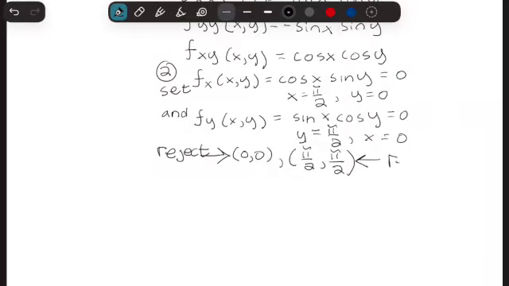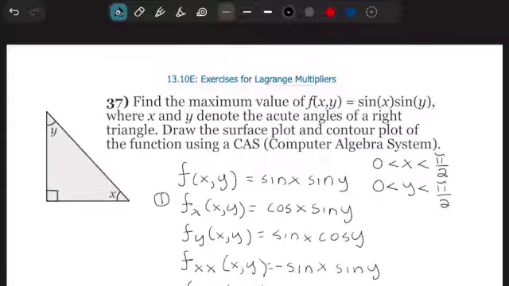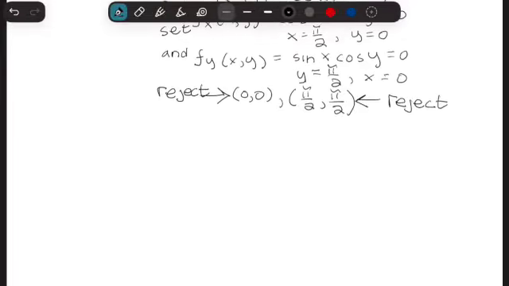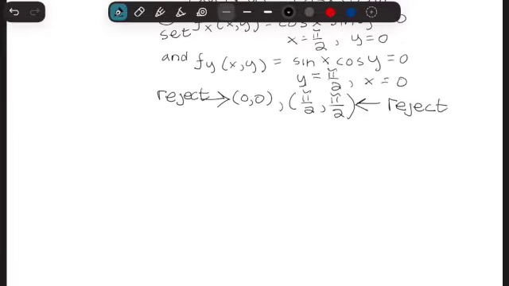So reject. And that makes sense because if we had an angle of pi over 2, that would be 90 degrees. So we know we have a right triangle, so that would definitely be over 180 degrees if we had 3 right angles. That is simply not possible for a triangle.